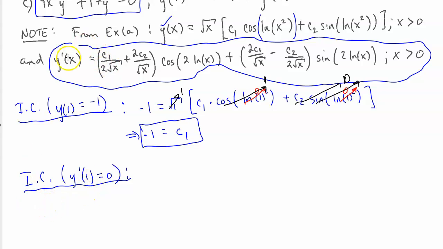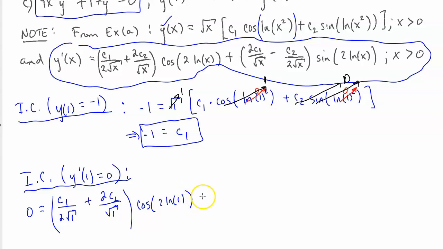So here we have y prime of 1 is 0, and that's going to equal c1 divided by 2 times square root of 1 plus 2c2 times square root of 1, and all that times cosine of 2 times natural log of 1, plus 2c1 square root of 1 minus c2 2 times square root of 1, and all that times sine of 2 times natural log of 1.